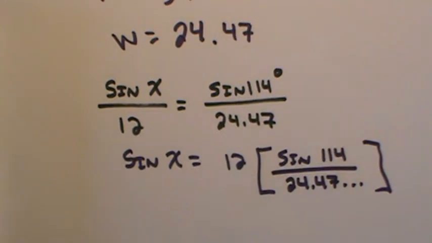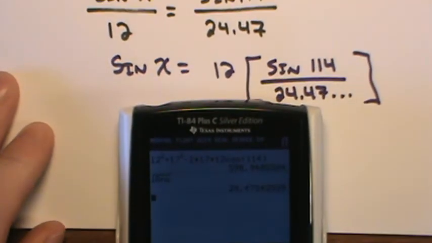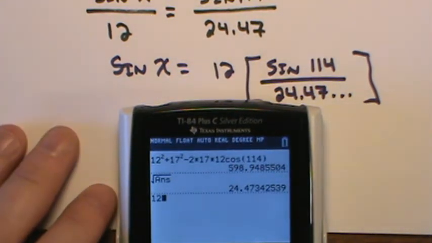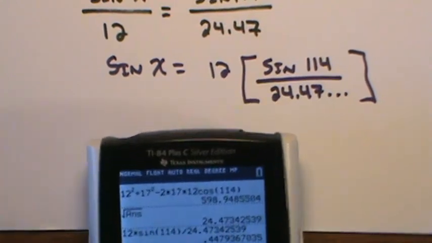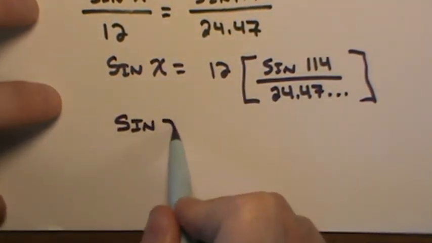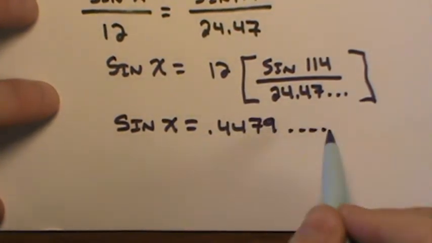You want to use everything that was in that calculator. So I go to my calculator here, and I'm going to say 12 times sine of 114 divided by that 24 and change number. So I hit enter, and then it tells me that the sine of x is equal to 0.4479 and change.